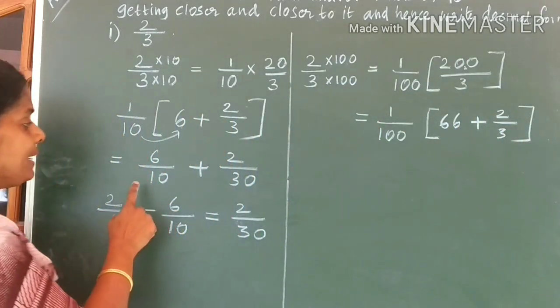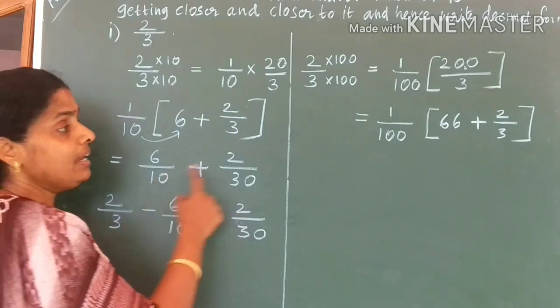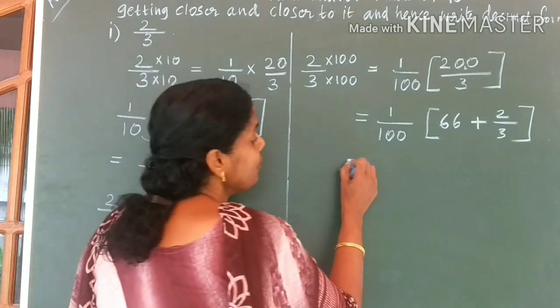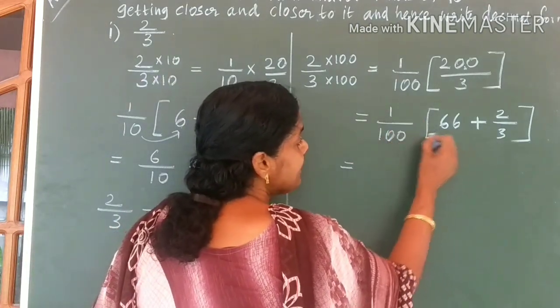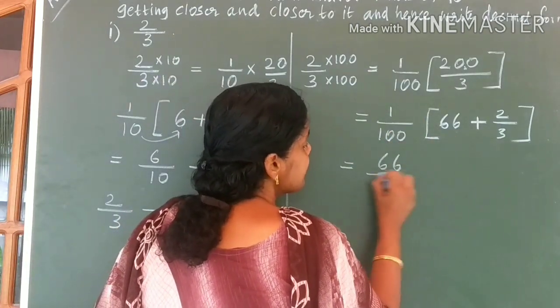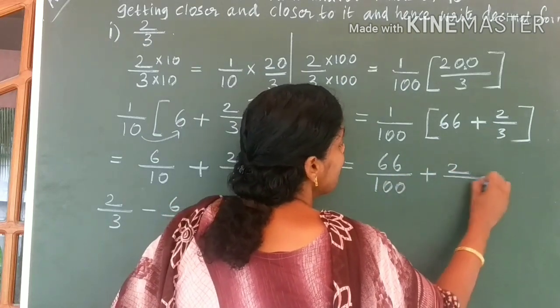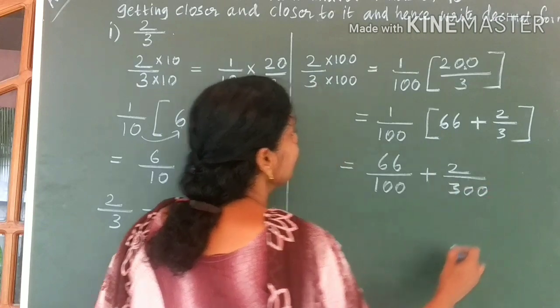Now as we did here, multiply this fraction with both these numbers. So you get 1 by 100 into 66, 66 by 100 plus 2 by 300.